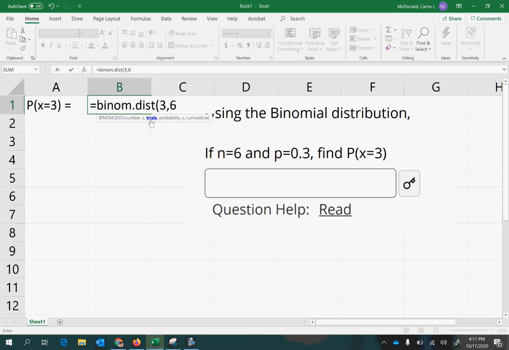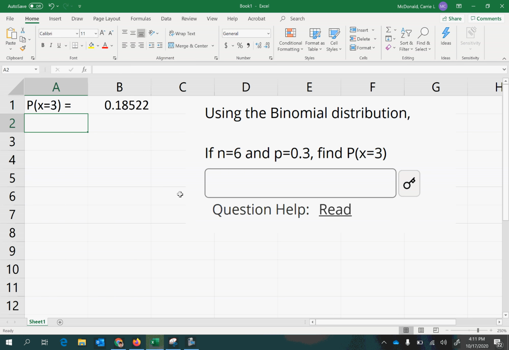Here that's 6. Then the probability of success, which is p, 0.3. And finally, we will choose false for cumulative because we want the probability of x being exactly equal to 3 and not 3 or fewer. So this is the answer.